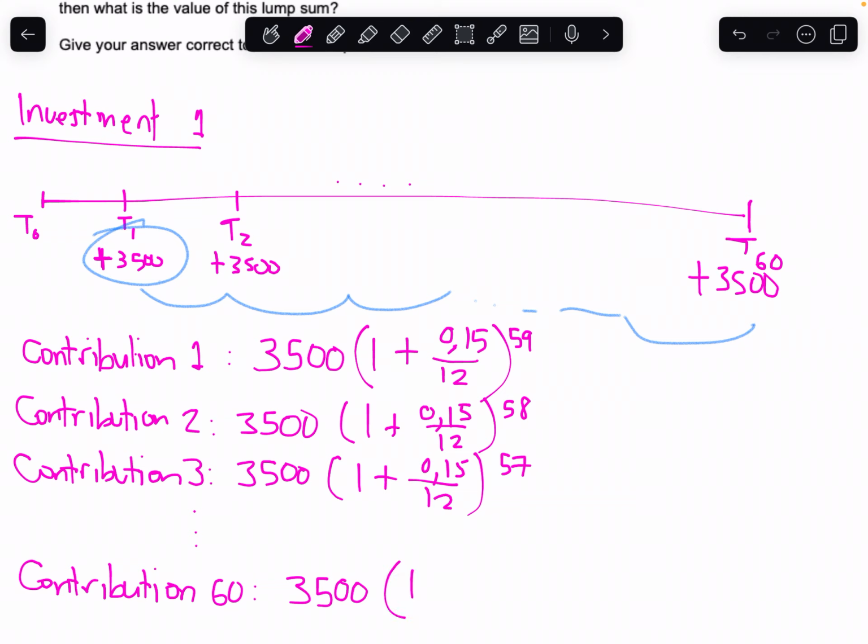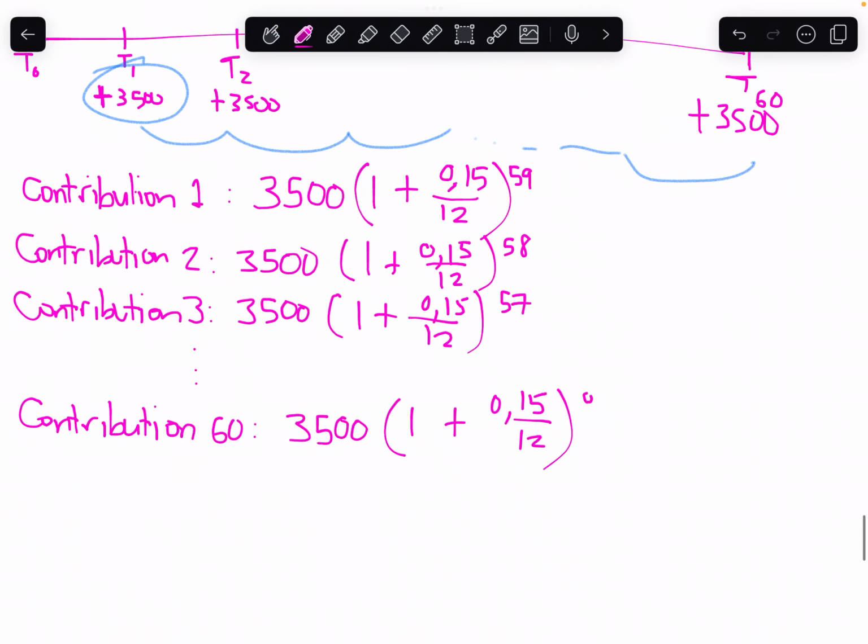So we could look at that as 1 plus 0.15 over 12 to the power 0 months. It's just not going to get a chance to pay interest.